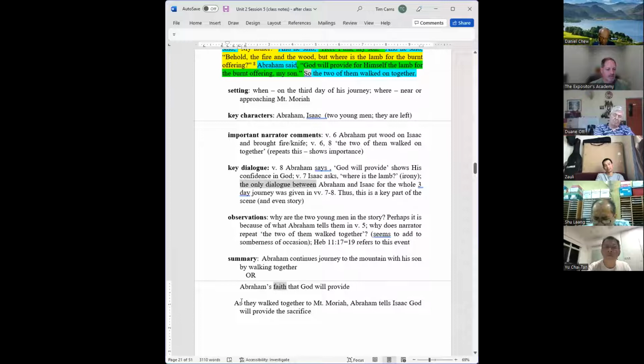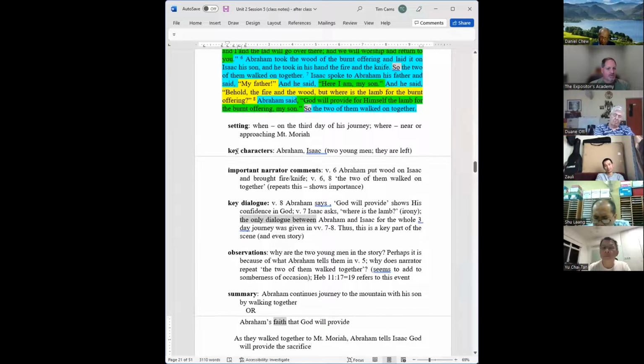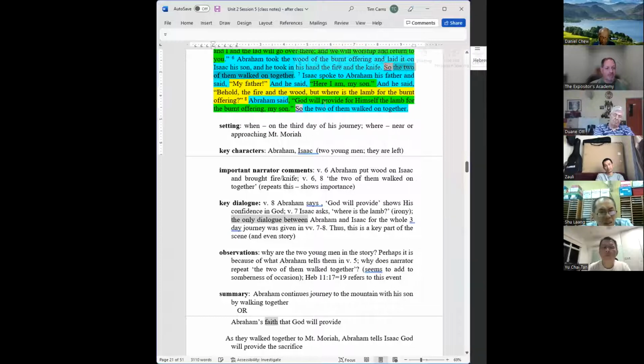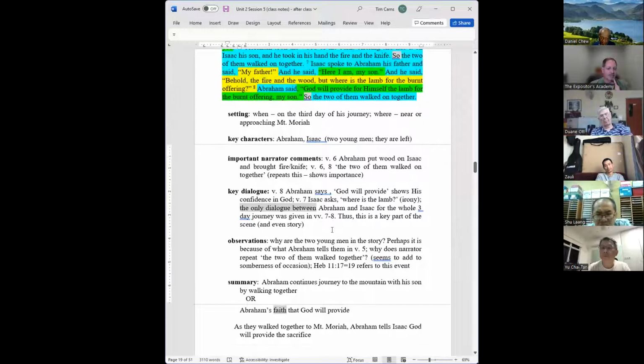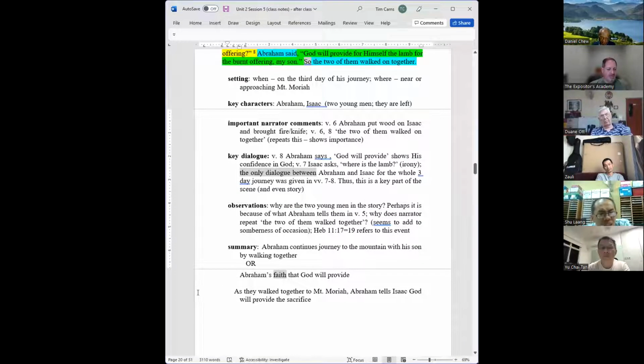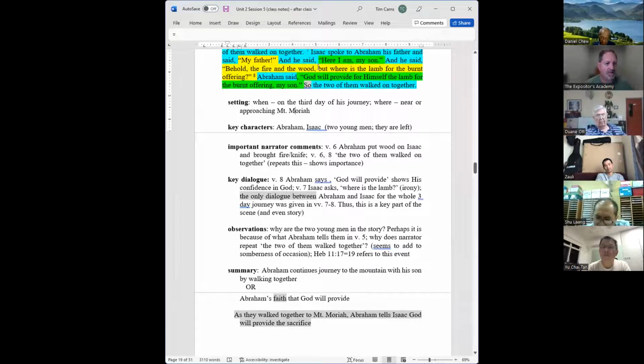So the journeying together obviously seems to be important to the author. He repeats that, and then I'm just trying to summarize the dialogue between them. I think you need both elements: continuing the journey together, and also the interaction, the dialogue they have.